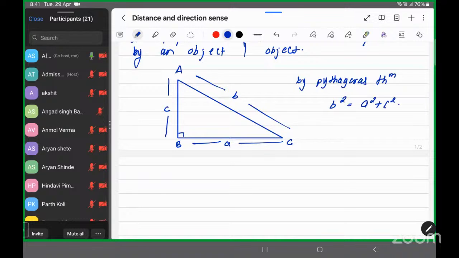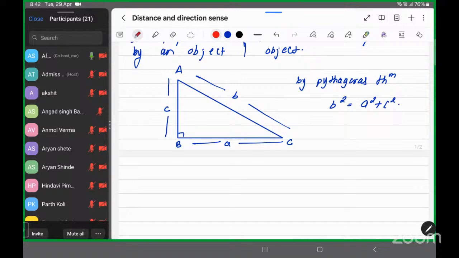The square of the hypotenuse of a right angle triangle is equal to the sum of the squares of the other two sides.